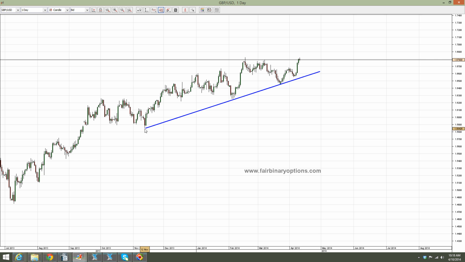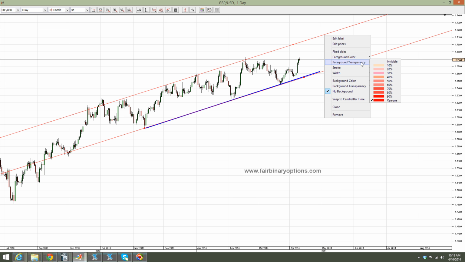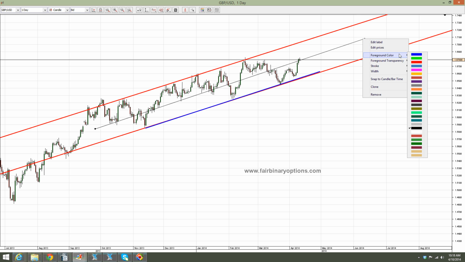So the channel line from here to here like this, and then the move to the upside like this, and now change the color of them. And then if you go for 50% distance into this channel, you are seeing that price is right here, right now, at an important resistance level from my point of view.